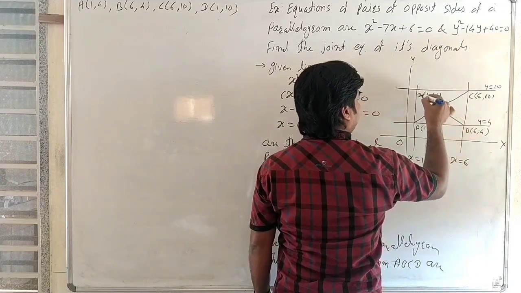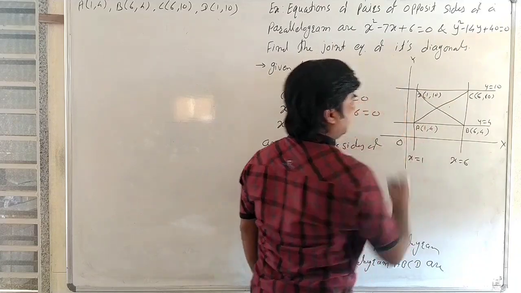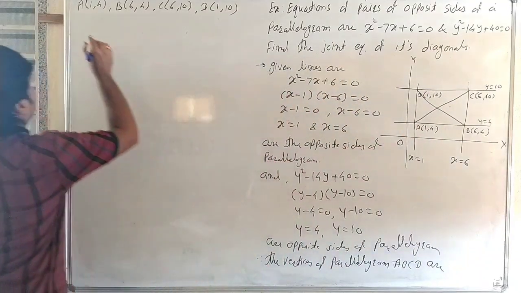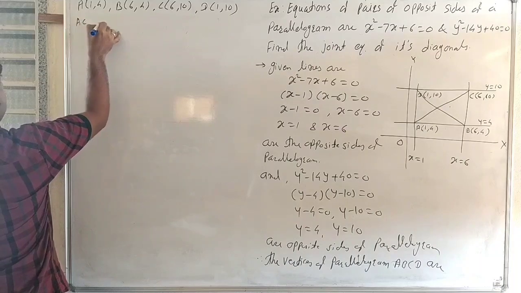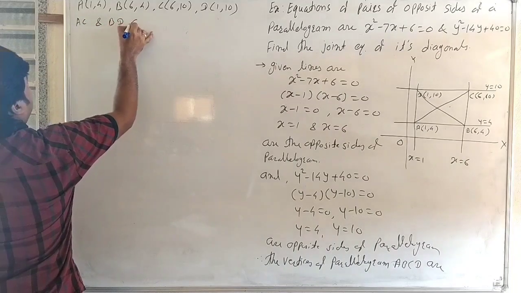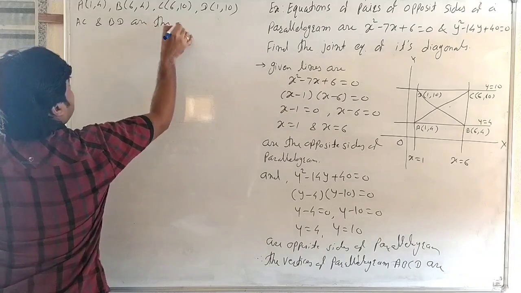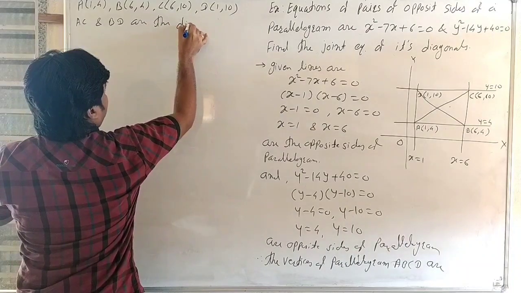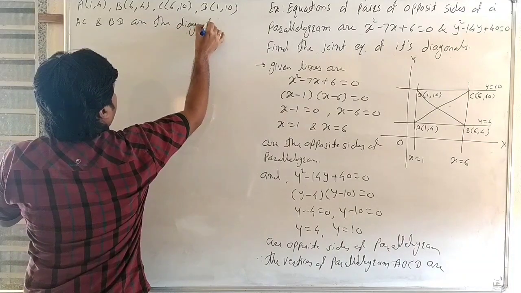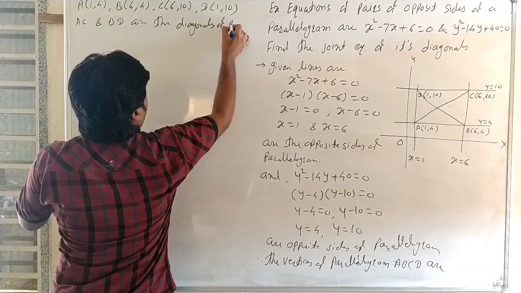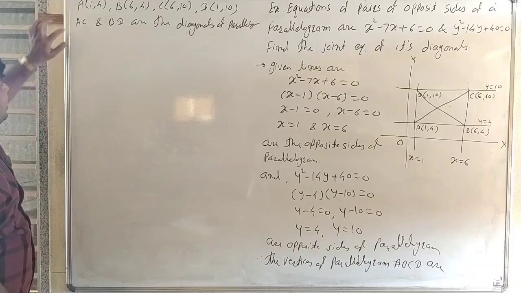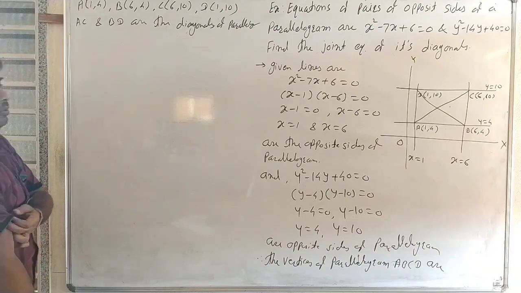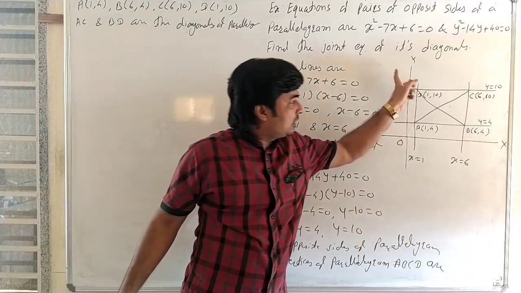First we find the equation of this diagonal. AC and BD are the diagonals of the parallelogram. We want to find the joint equation of the diagonals.